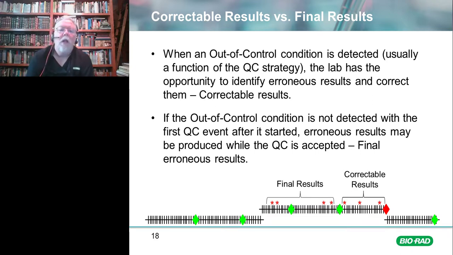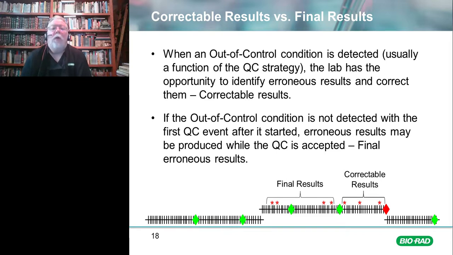Well, that's indicated with those two red asterisks. And then I have this first opportunity to detect this out-of-control condition, but I don't. Why? Well, unfortunately, statistical quality control is probabilistic.